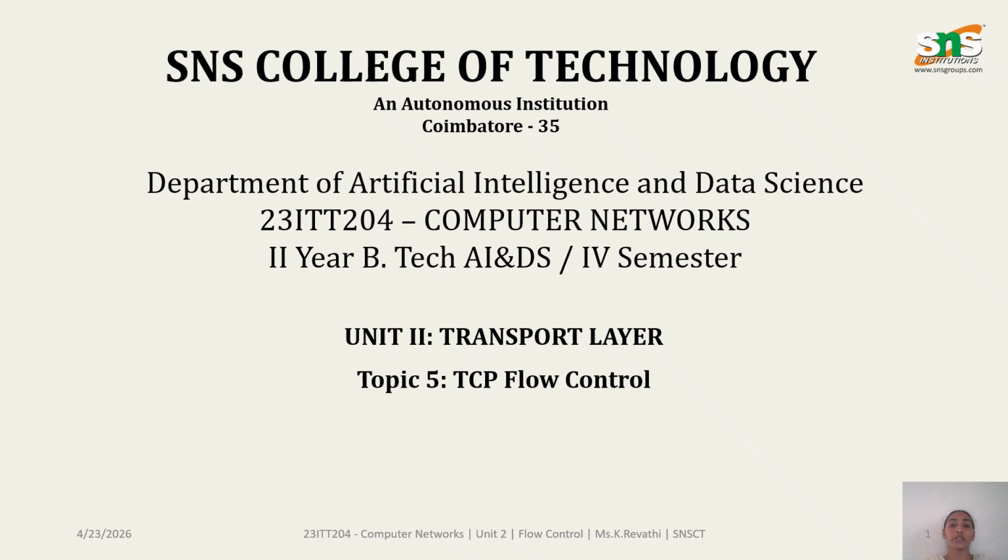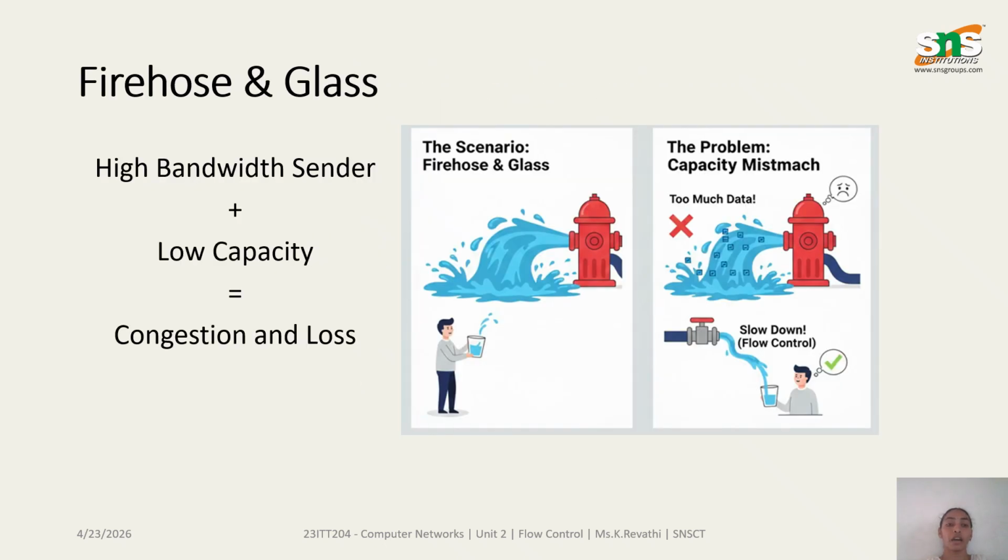In today's video, we are going to understand an important concept in computer networks, that means TCP flow control. Imagine, have you ever tried pouring water from a fire hose into a small glass? What happens? It overflows.